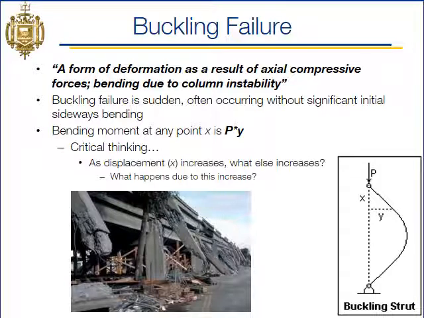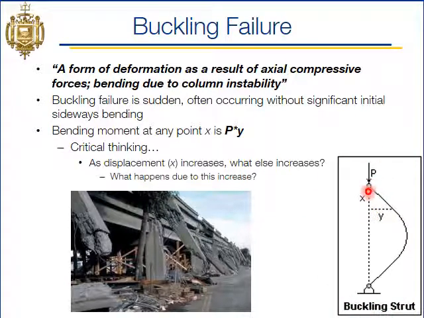Buckling failure is a form of deformation as a result of an axial compressive force. We see these axial compressive forces typically in our structural columns. When we get buckling, we end up getting a massive amount of bending due to the column's inability to withstand that axial compressive load. Right here we have a picture that shows two things.